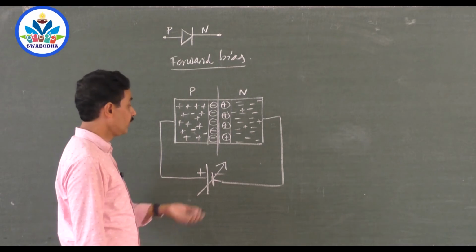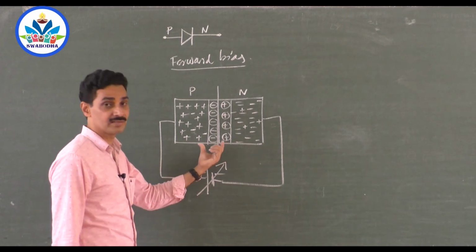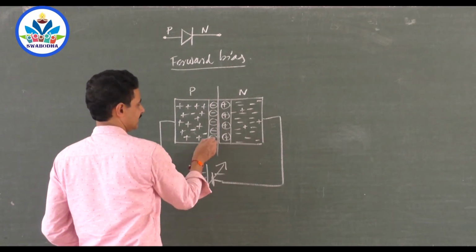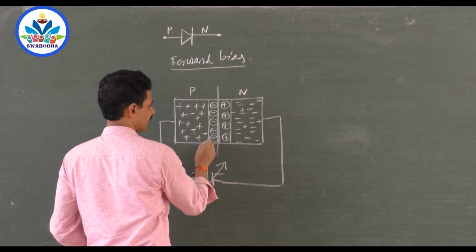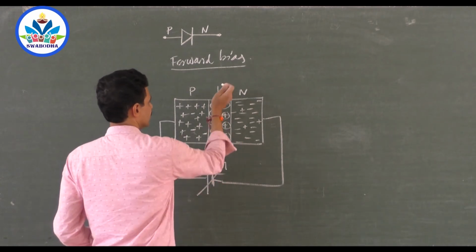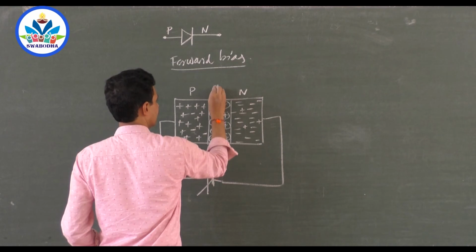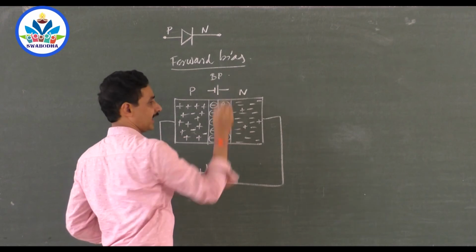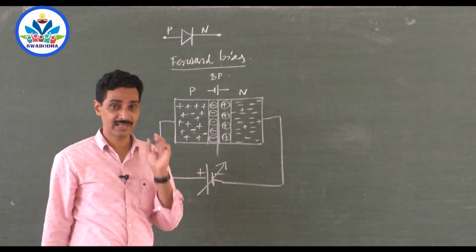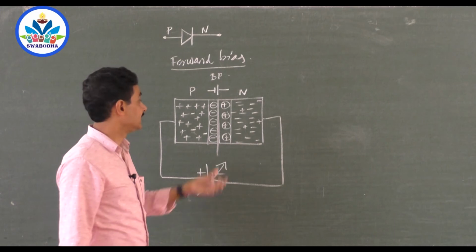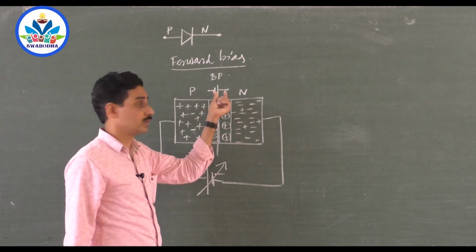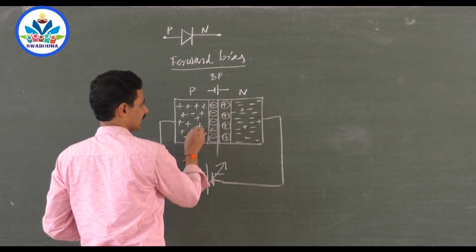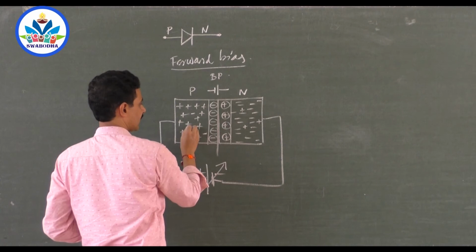And remember, how does the depletion region act like a battery? That is the barrier potential. How is it developed? Electrons come here, so this is negatively charged, and these electrons have left this place, so this is positively charged. So this is like a battery with negative here and positive here. This barrier potential, the potential difference across the junction, avoids the migration of electrons and holes. That is why electrons can't cross the junction because of this negative potential, and holes can't cross either.